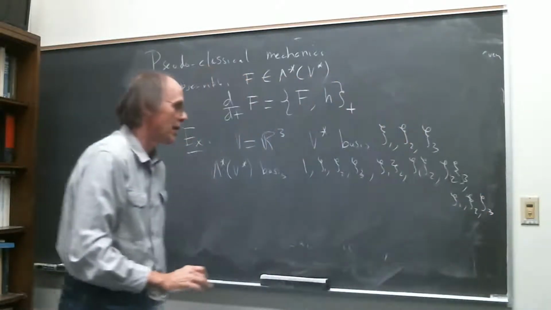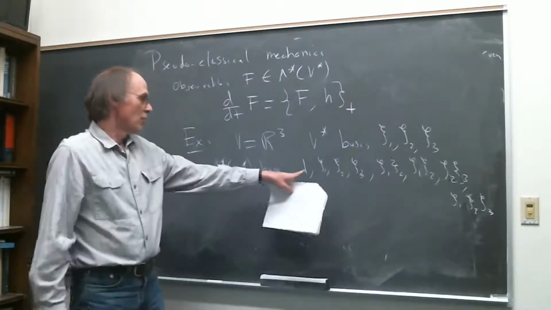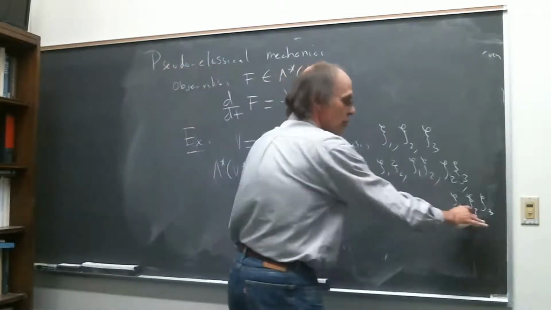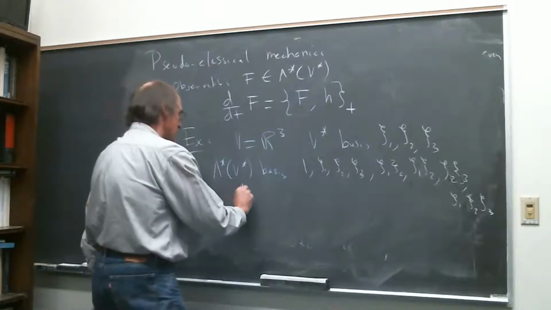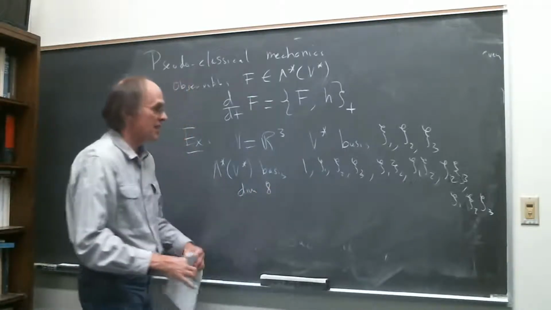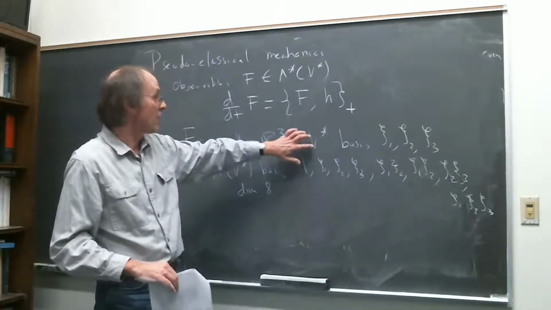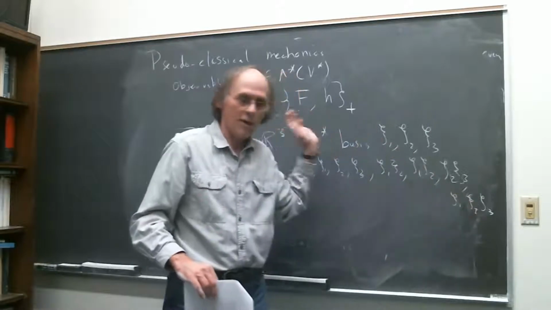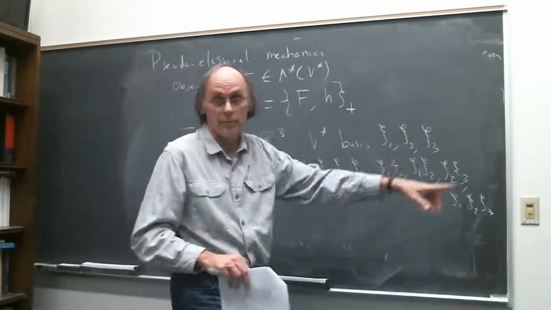Sorry about my handwriting here. There's one of these, three of these, three of these, and then one of these, so this is dimension 8. So the space of fermionic functions on this odd fermionic phase space is a finite-dimensional space of 8 dimensions, and here's a basis of it.